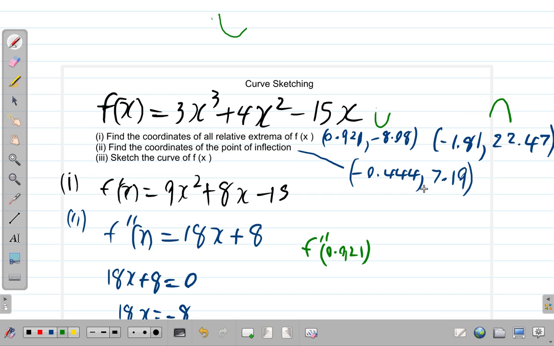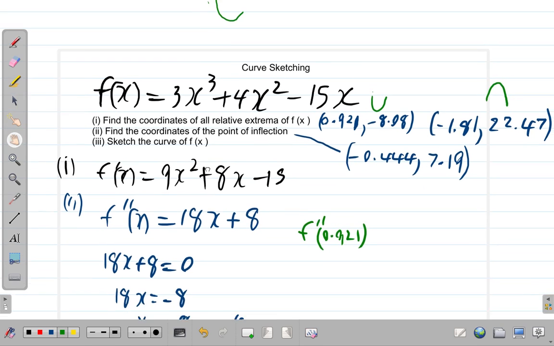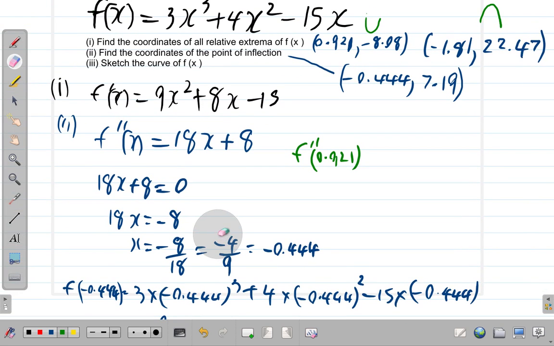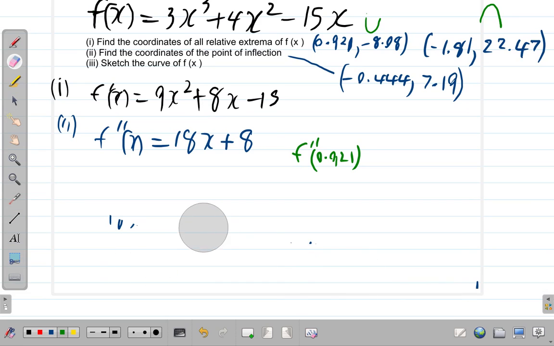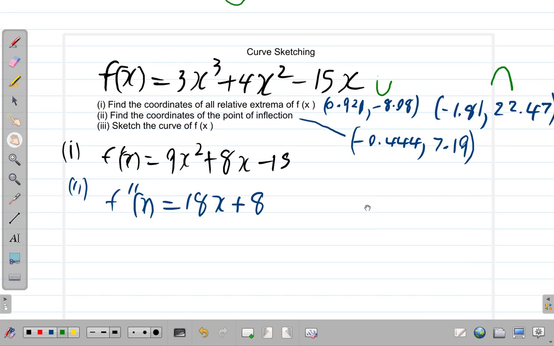So to sketch the curve now, we have to erase some of what we have here. So remember now, when you find the second derivative and put in the value of x from the first derivative, remember what we did was to find the first derivative, equate it to 0 to find the turning points or the stationary points.